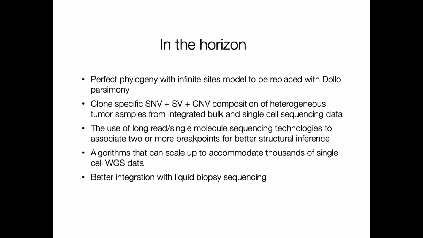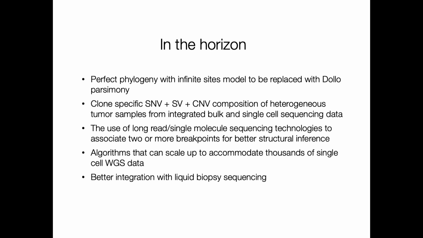We are also trying to integrate structural variation, copy number variation, and so on in this whole formulation without assuming that we know them. So copy number variation is essential. You can try to integrate it in a meaningful fashion rather than thinking that it's a part of the input data. We are, like many of you, trying to use long read or single molecule sequencing technologies.